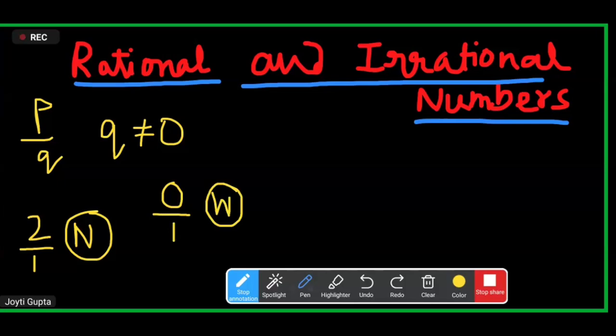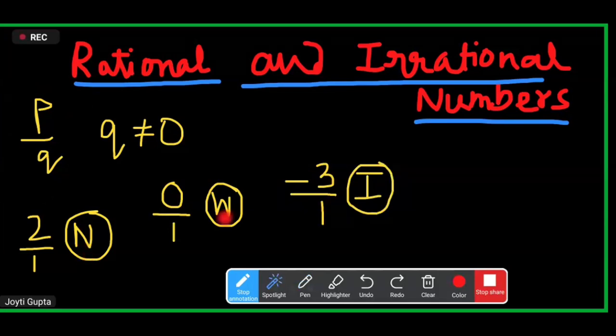Now, if you take any integer, suppose -3, you can write it as -3 by 1. Again, you can write it in the form of p by q, and the denominator is not 0. So any integer is also a rational number. So natural numbers, whole numbers, integers, all are rational numbers.